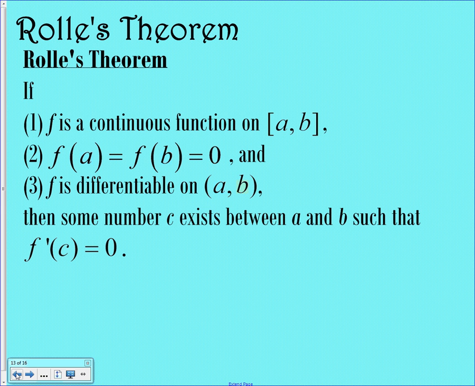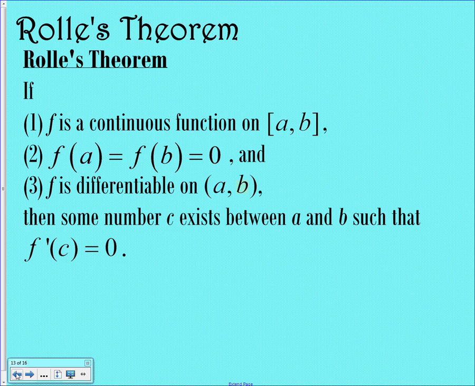So it says you have to have a continuous function and it's differentiable, and at your endpoints, your function has to equal 0. Then some number c exists between a and b such that the derivative at that c equals 0. Okay, so it'll ask you to actually use that on your homework.